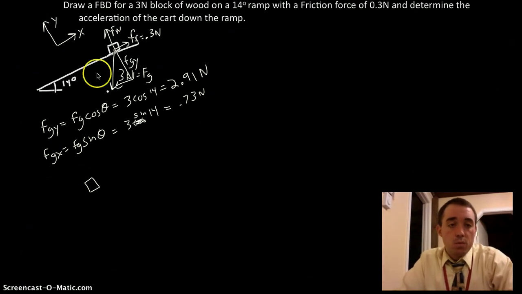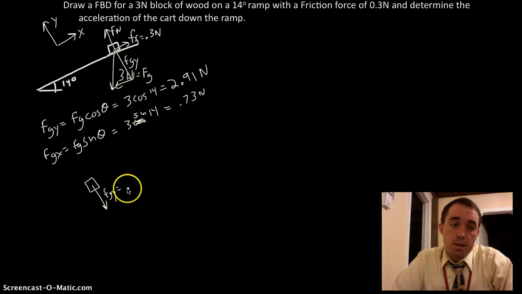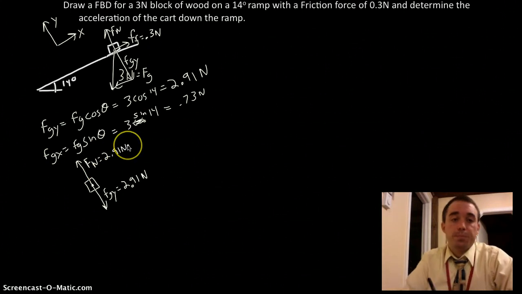So, as I told you, I keep the box as if it's on the ramp, and I fill in. My Fgy is one thing I care about, and that is 2.91 newtons, which means that since there's no other forces going up, my normal force is also 2.91 newtons.